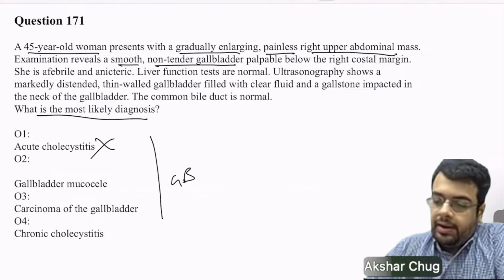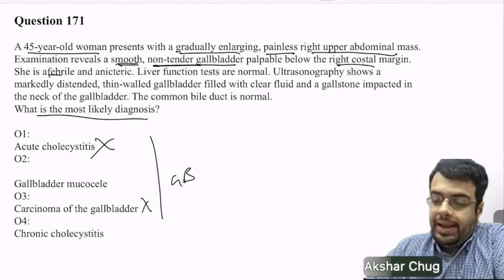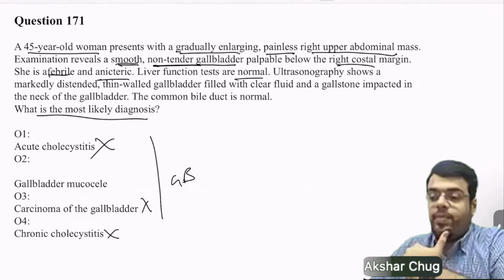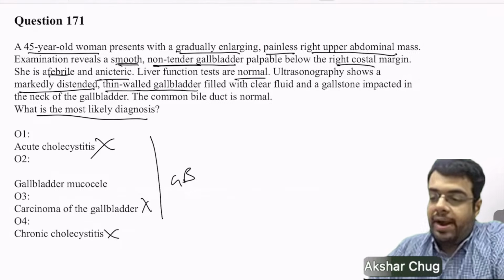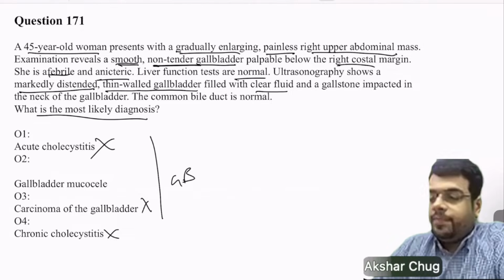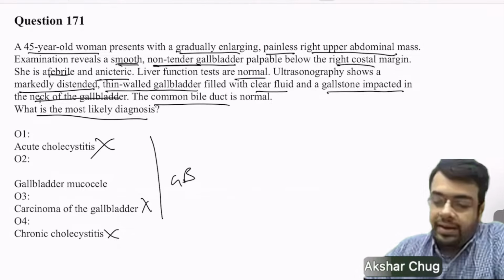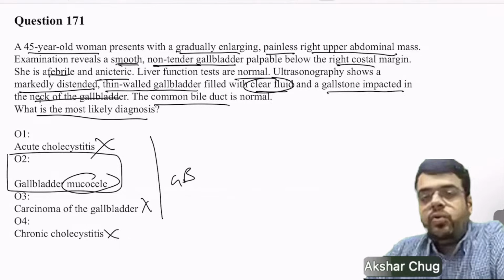And carcinoma can also be ruled out because it is a smooth, non-tender mass below the right costal margin, afebrile, anicteric. Again, chronic cholecystitis is out. Liver function is normal. USG shows a markedly distended, thin-walled gallbladder filled with clear fluid, and a gallstone impacted in the neck of the gallbladder. So it is classically talking about a mucocele, where there is a clear fluid accumulation, which is caused secondarily due to a gallstone obstruction.